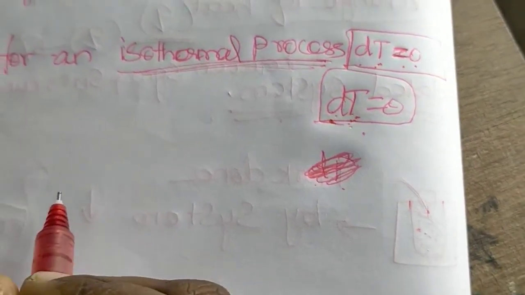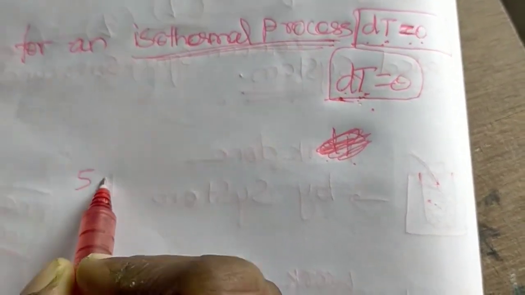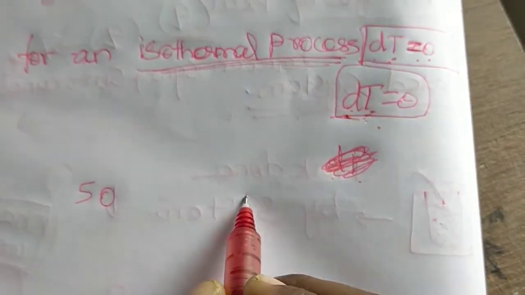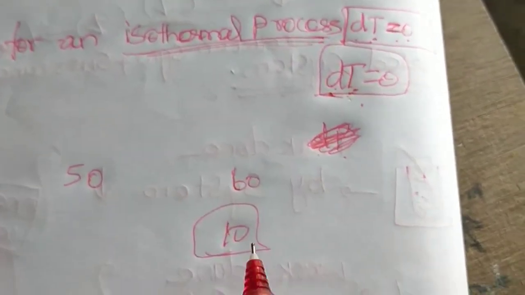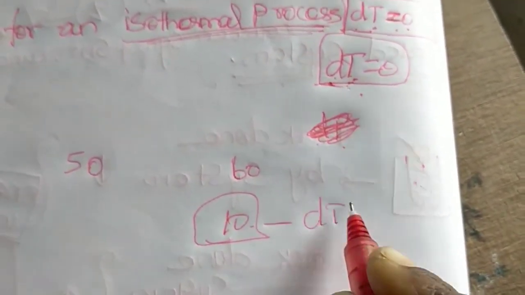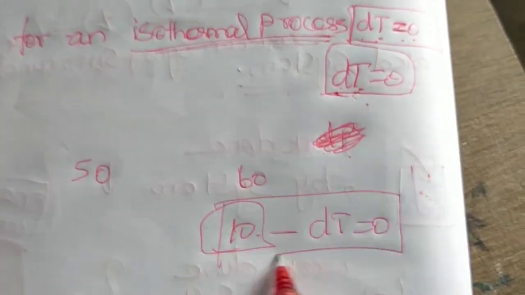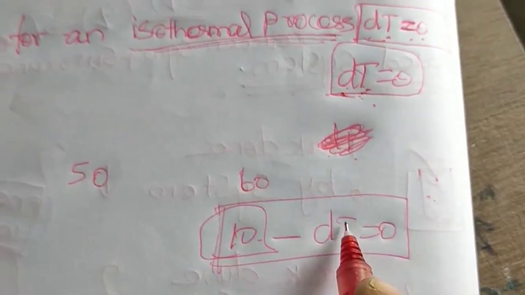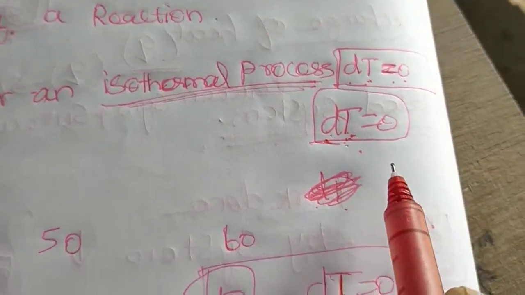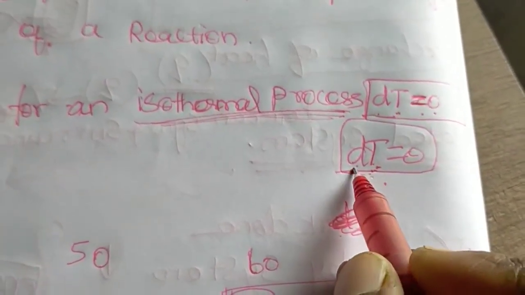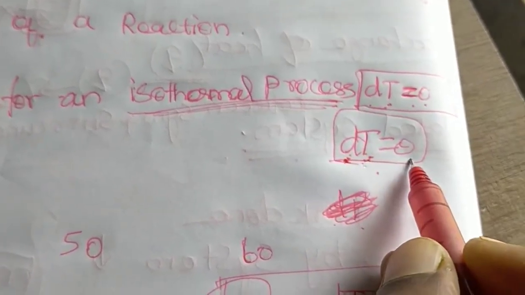If you find a change, say the initial stage is 50 and the final stage is 60, then if you subtract you will get 10. This is the difference in temperature. But in the isothermal process, the difference in temperature is equal to 0.